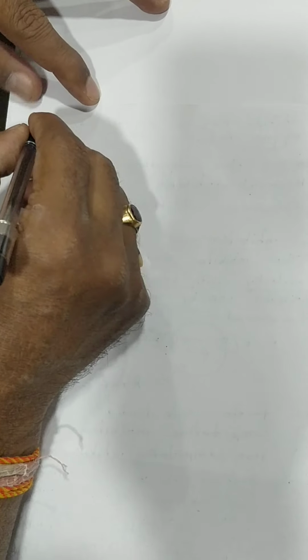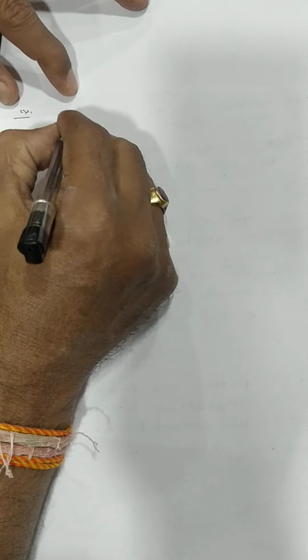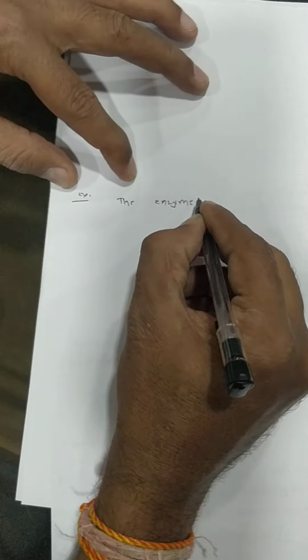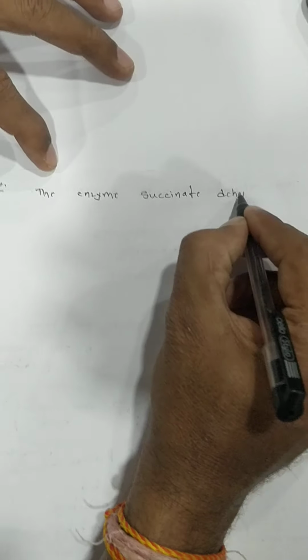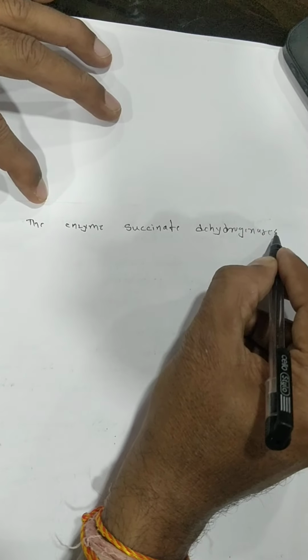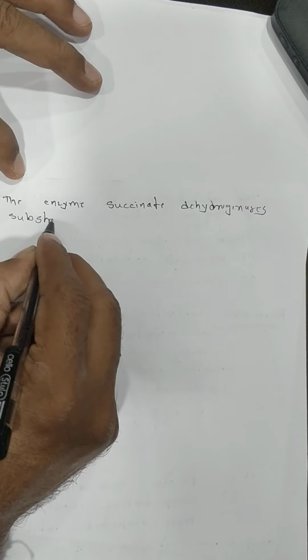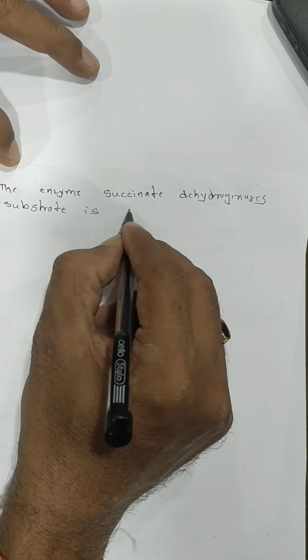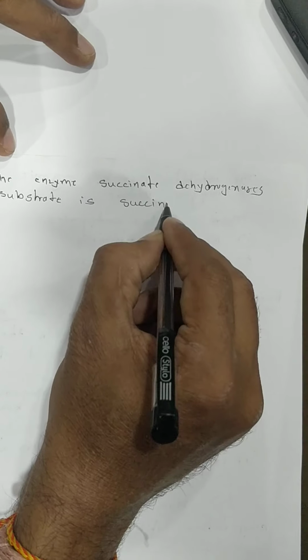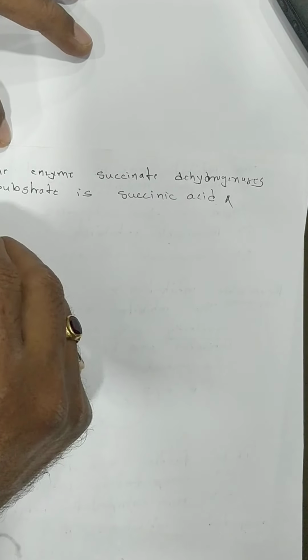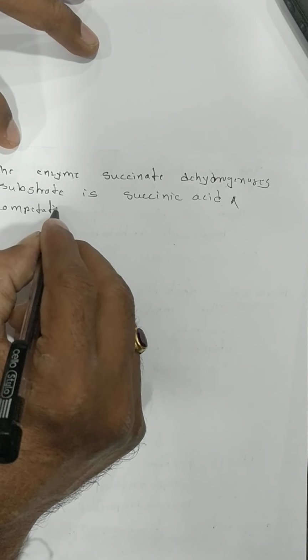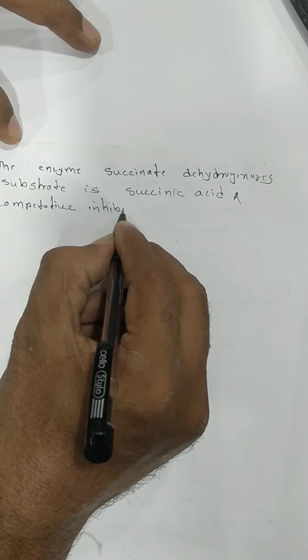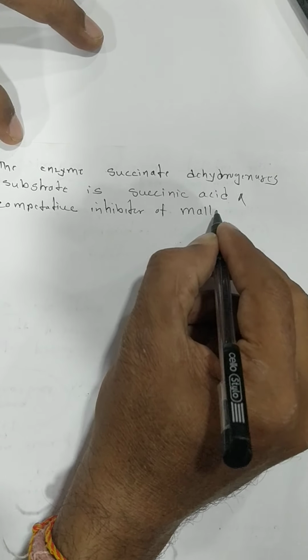See the example. The enzyme is succinate dehydrogenase, the substrate is succinic acid, and the competitive inhibitor is malonic acid.